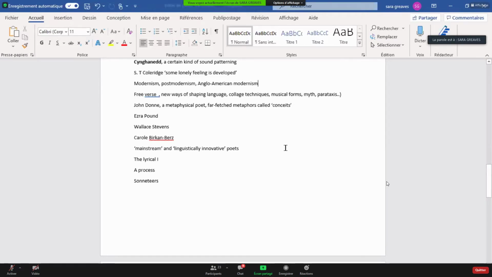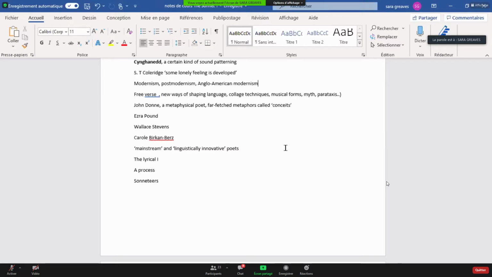If you like, in France, you have symbolism at the end of the 19th century, which had a great influence on modernism, with people like Mallarmé, Laforgue, and then later on you get surrealism.